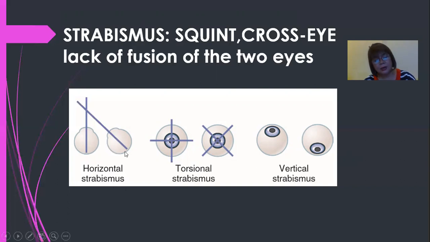Or maybe there's a weakness of the lateral rectus here, or a very strong medial rectus muscle. So surgical correction, okay? So this squint, strabismus, or lack of fusion could be a sign that there is an unequal pull of muscles on the eye.